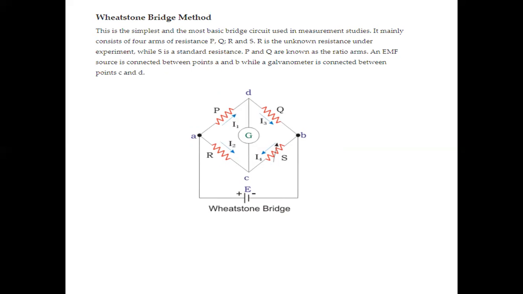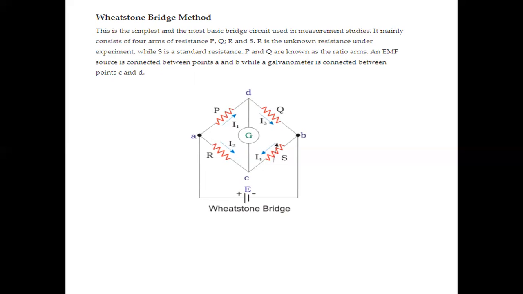P and Q are known as the ratio arms, and their values are also known. A DC EMF source is connected between points A and B, while a galvanometer is connected between points C and D.